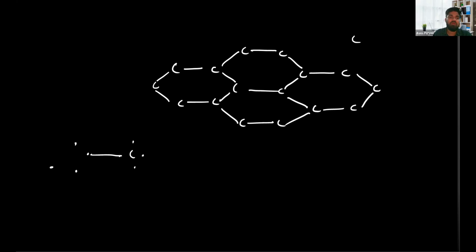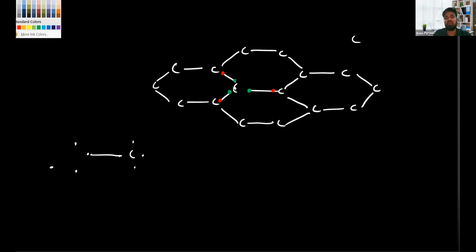Let me show you here with a different color. One carbon atom is here, one here, one here, and they share electrons with the central one. This carbon atom is sharing electrons with this green one, with this carbon atom, and with this carbon atom. So that's why 6 electrons are there.